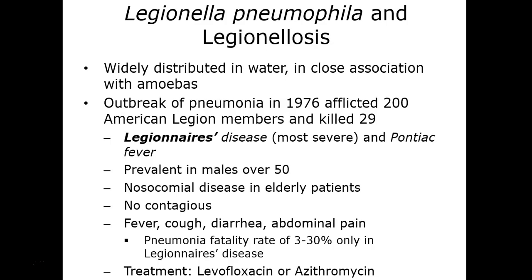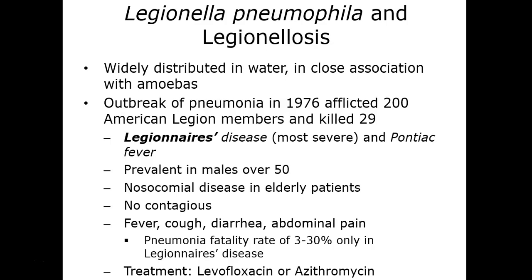Again, it's widely distributed in water towers, air conditioners, and misters in the produce section at the grocery store, and it is a combination of Legionnaires' disease, which is the most severe, but also a less severe infection known as Pontiac fever. It is more common in males than females, and targets those that are 50 years or older in age.